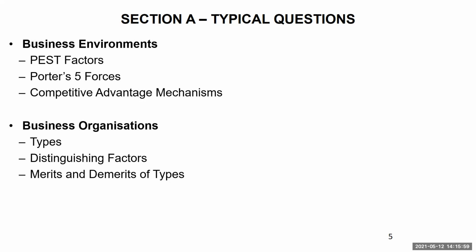It's ownership, profit orientation, size, so on and so forth. Funding, all of those things, and then any consideration of the merits or demerits of business types. That's typically what we should cover.